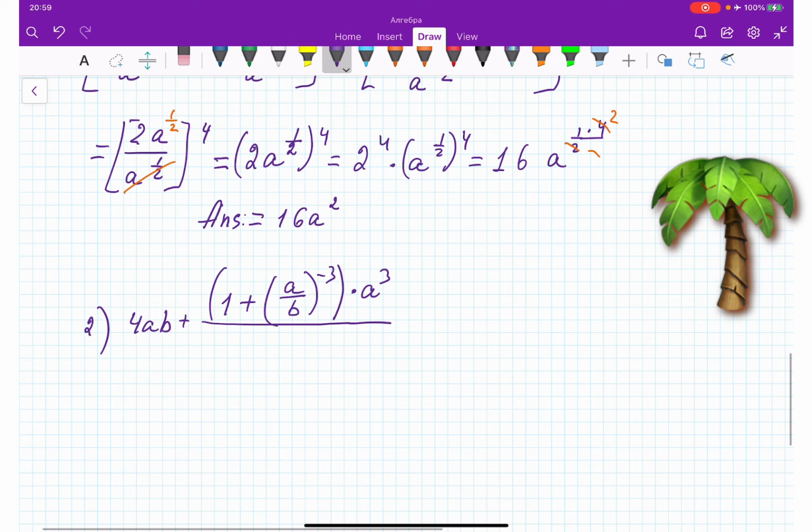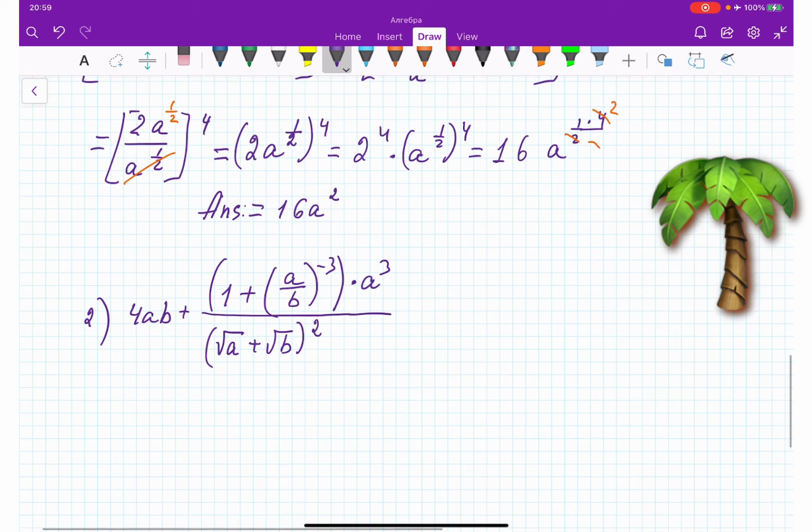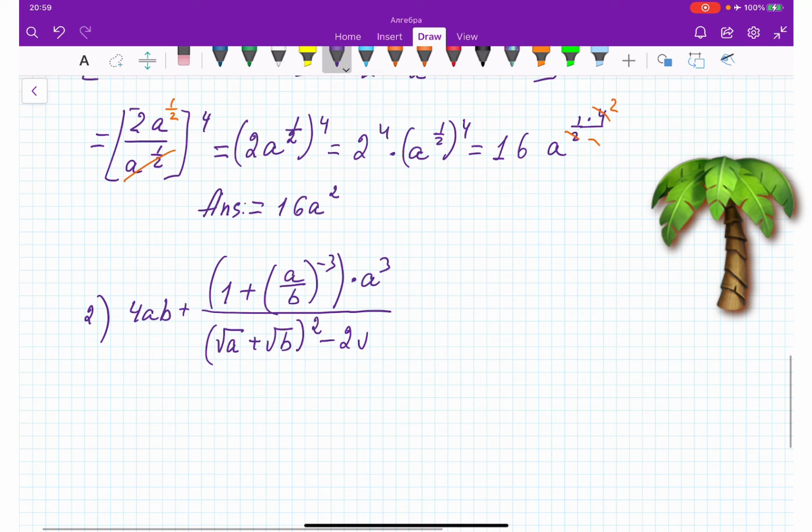All right, so we are getting square root a plus square root b to power 2 minus 2 square root ab minus, here we have exponents and square roots. So we have a nice bouquet of everything.